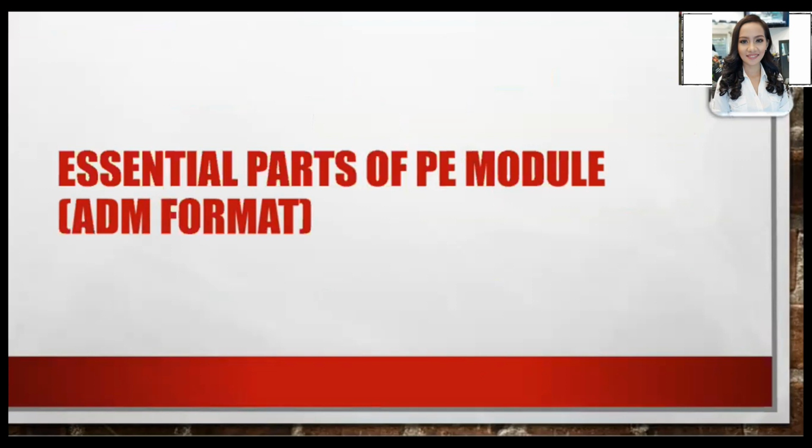So bahala na po kayo sa mga arrangements ninyo with your LR officer kung ano yung inyong gagamiting format or gagamiting guidelines when it comes to the cover pages and format. So we are going to focus more on the content rather than the technicalities and fonts, etc.